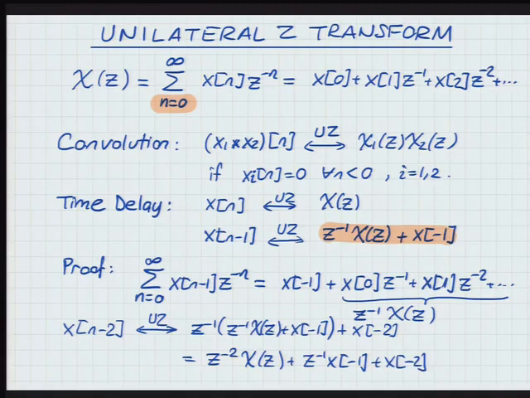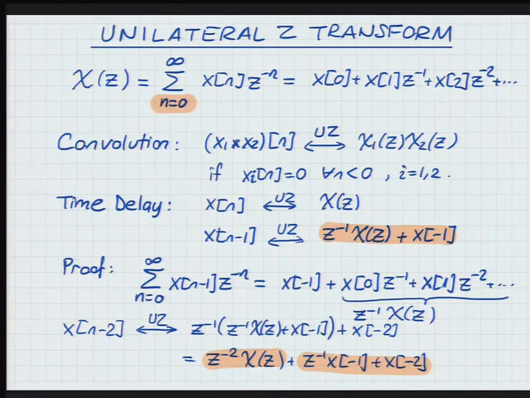All right? So this part is identical to what we had for Z transforms. Delay by 2 units would multiply it by z to the -2. But now we have these additional terms that are due to the initial conditions. So you can see how that would be generalized.